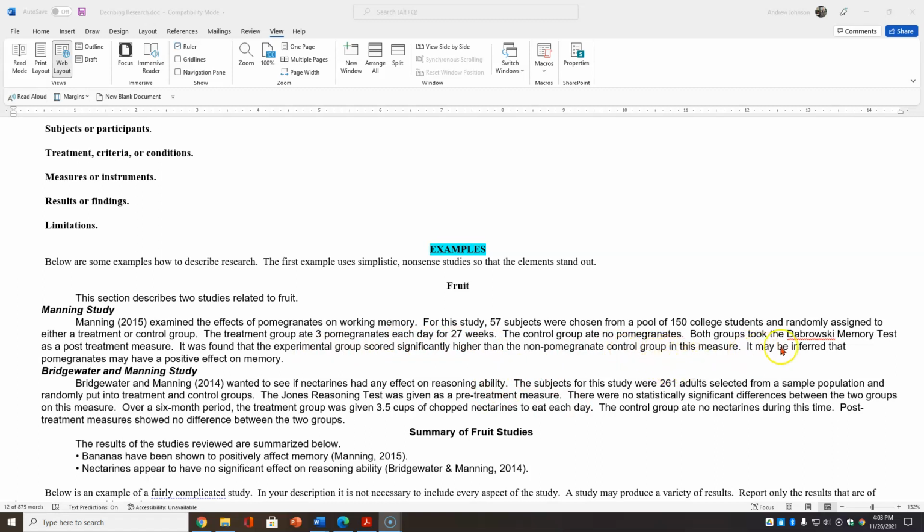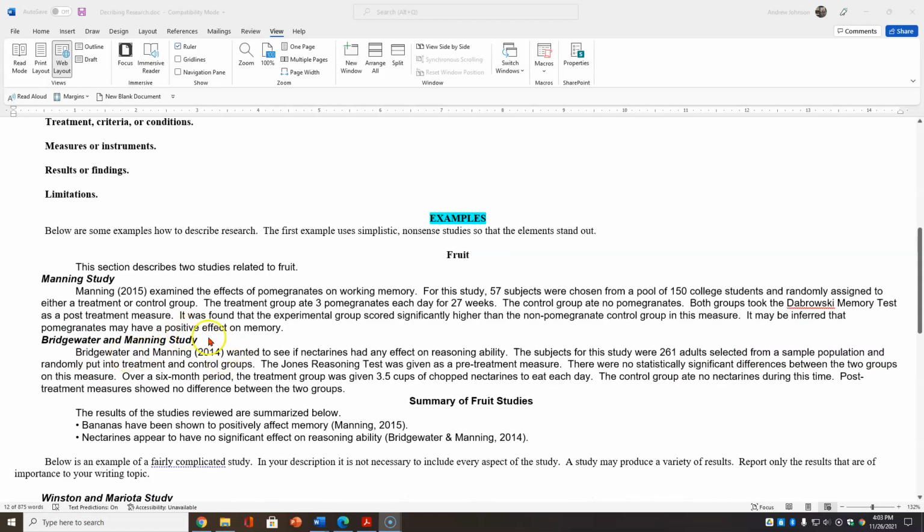Both groups took the Dabrowski memory test as a post-treatment measure. It was found that the experimental group scored significantly higher than the non-pomegranate control group in this measure. It may be inferred that pomegranates may have a positive effect on memory.